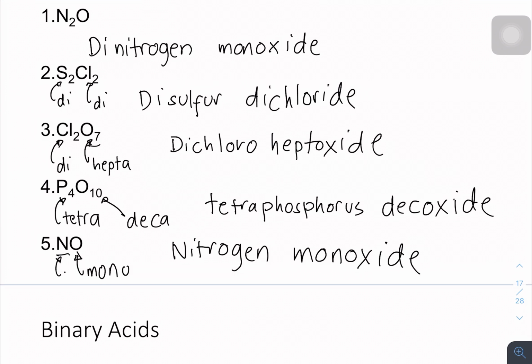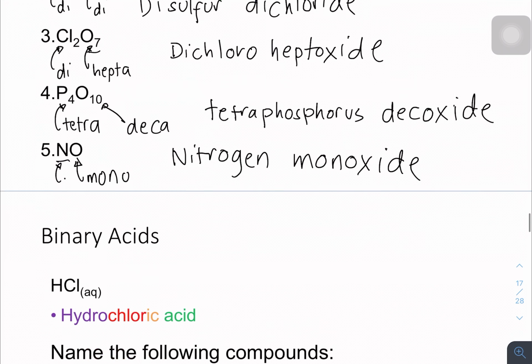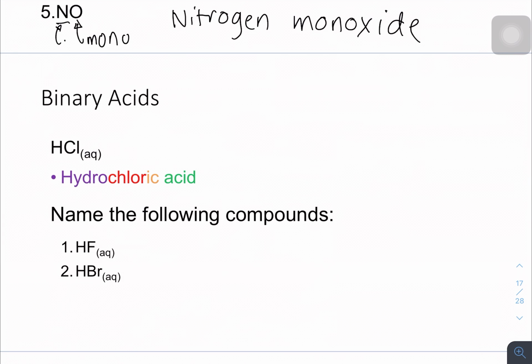Hope that is clear. Now, if the molecular compound consists of one element that is hydrogen, we might consider it a binary acid.